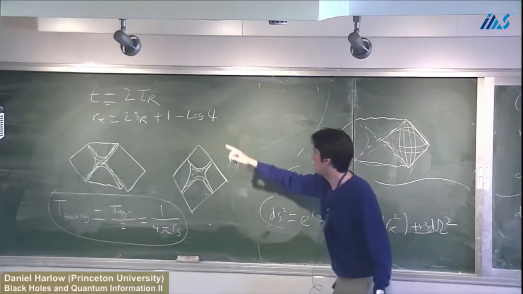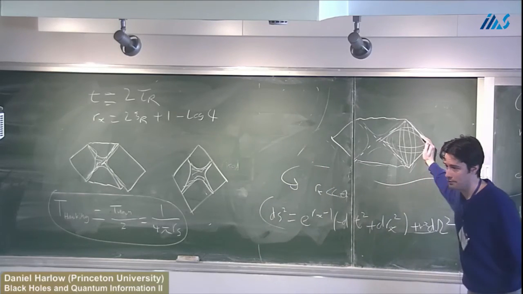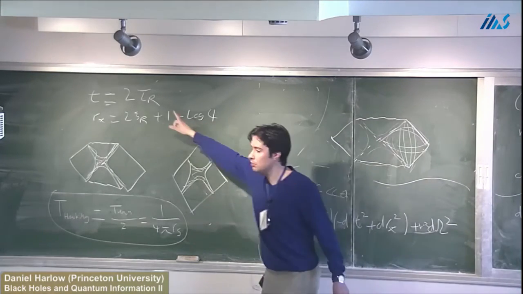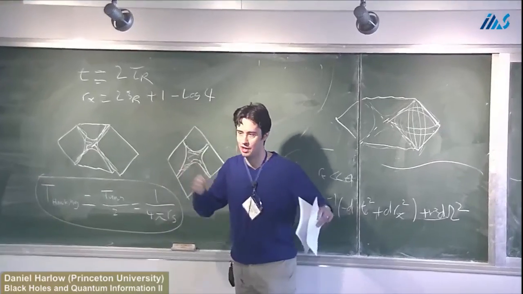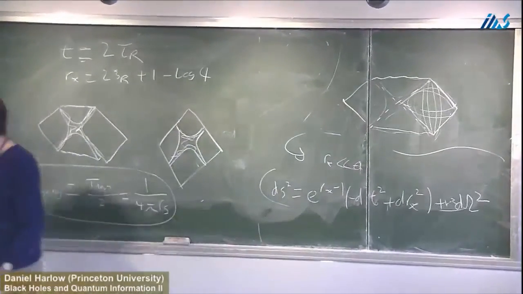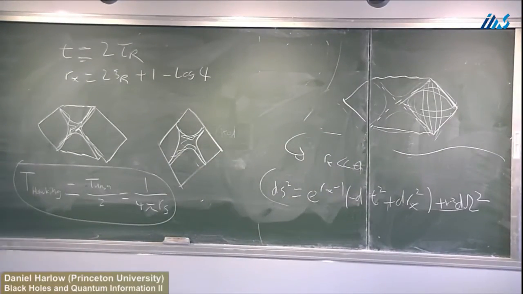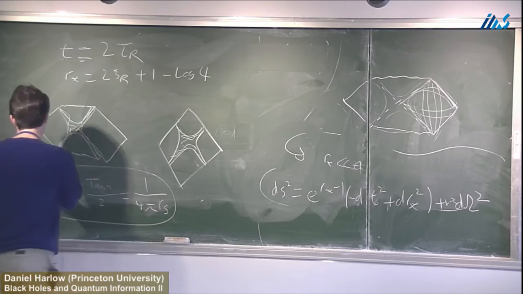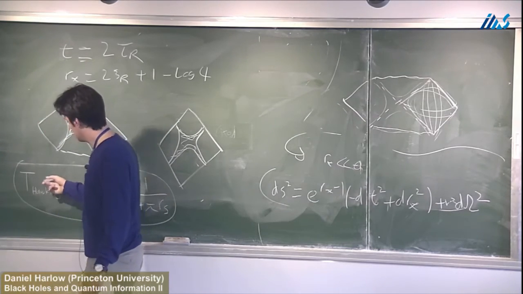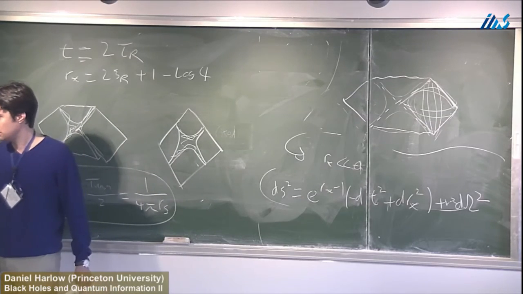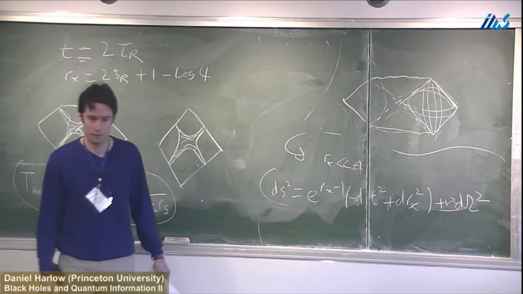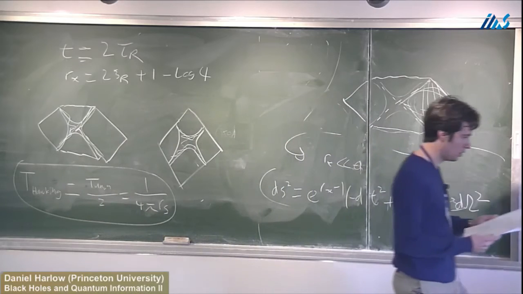But the important thing about it is that out near infinity, this T is just the ordinary Minkowski time. If you're sitting far away from the black hole, the geometry just looks like Minkowski space, and this T just looks like time. So this temperature is the temperature of the black hole from the point of view of somebody sitting out at infinity.